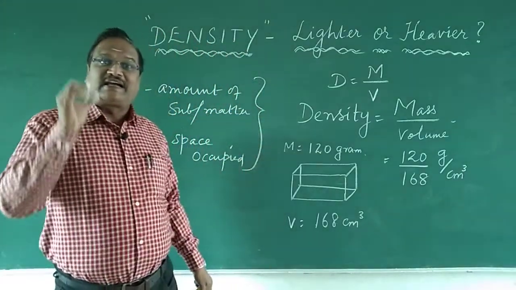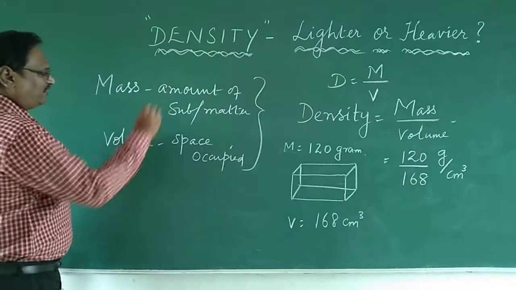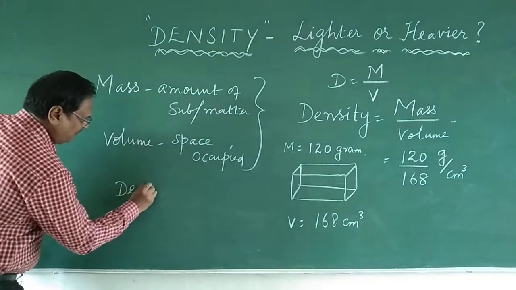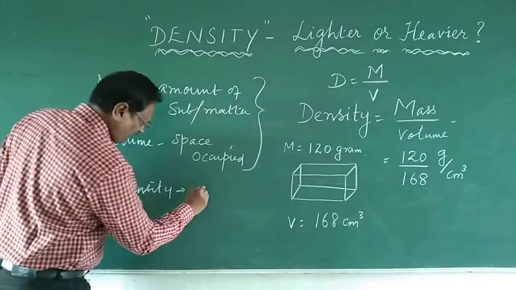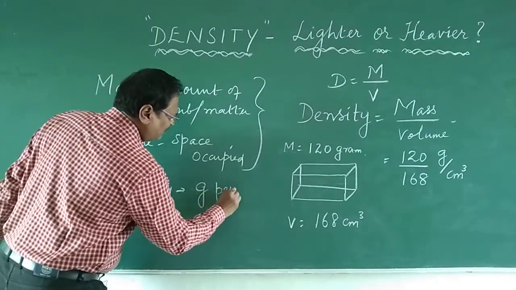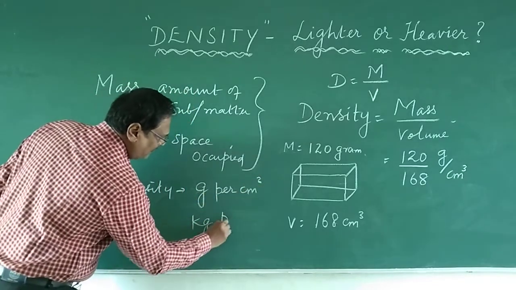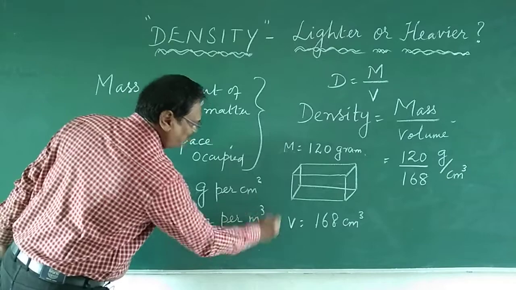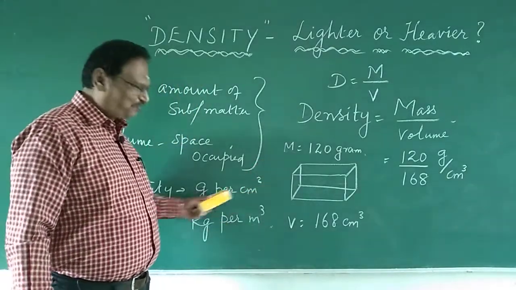You say gram per cubic centimeter. What is the unit of density? The unit is gram per cubic centimeter or kilogram per meter cube. This is for the bigger unit, and this is for the smaller unit.